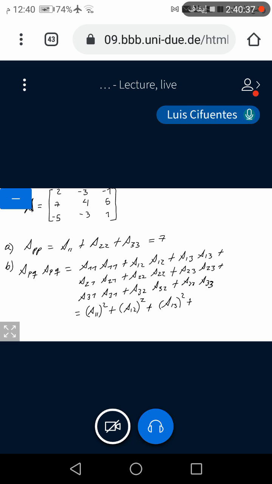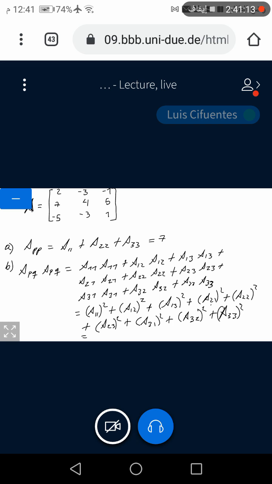A11 square plus A12 square plus A13 square, A21 square, A22 square, A23 square, A31 square, and so on, A32 square, A33 square, replacing the values. We have that this is 139.